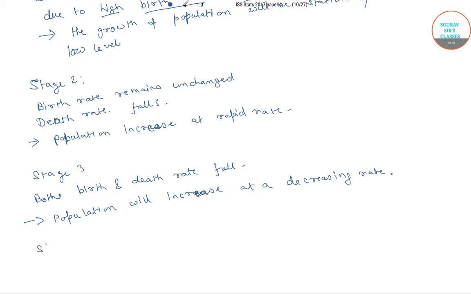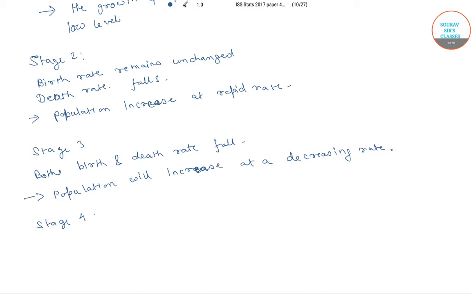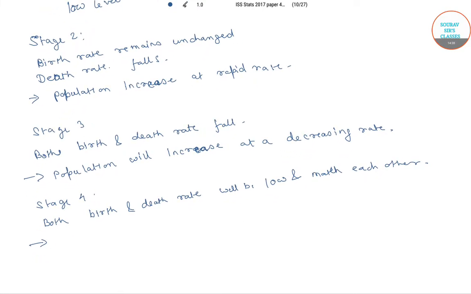In the fourth stage, both birth rate and death rate will be low and match each other, so the population will not grow; it will almost become a horizontal line, or stationary.